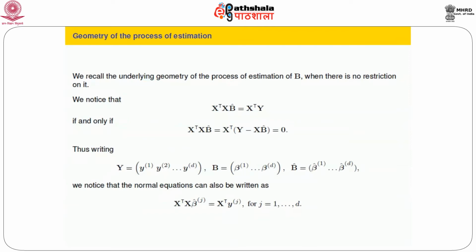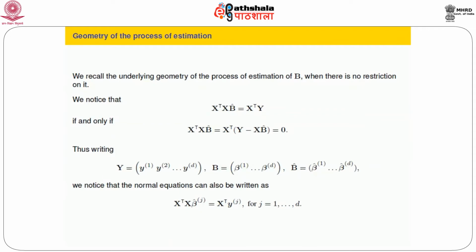So this is what we have already seen. And before we proceed further, let us remind ourselves of the role of projection matrices. So there is the underlying geometry. Now notice that this is the normal equation that we have to solve. It can also be written as X transpose X B hat equal to X transpose Y, which is the same as X transpose (Y minus X B hat) equal to 0.